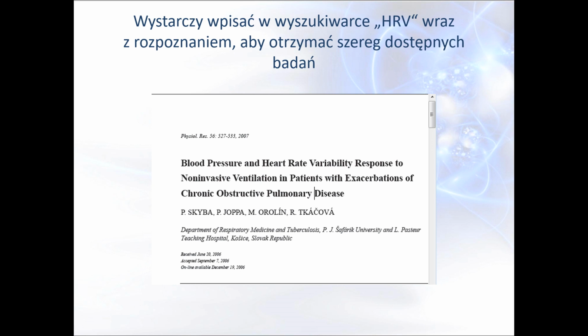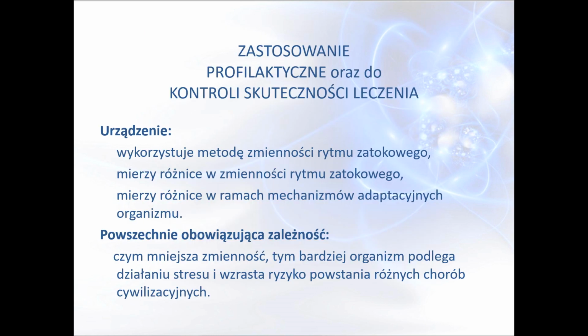I have a sample here from 2007 from Slovakia about comparing blood pressure and heart rate variability, for example. Next time we will be speaking about more samples from various disbalances.